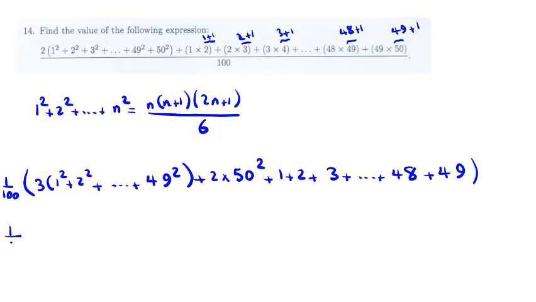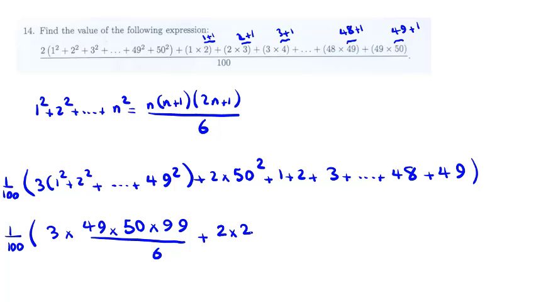Now if you use the formula, it will be 100 times 3 times n is 49, 49 times 50 times 2 times 49, 98 plus 1, 99, all over 6 plus 2 times 2500 plus 49 times 50 all over 2.